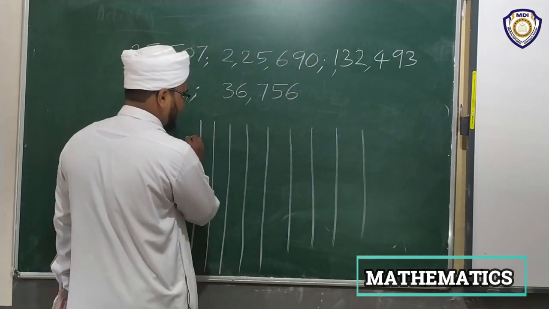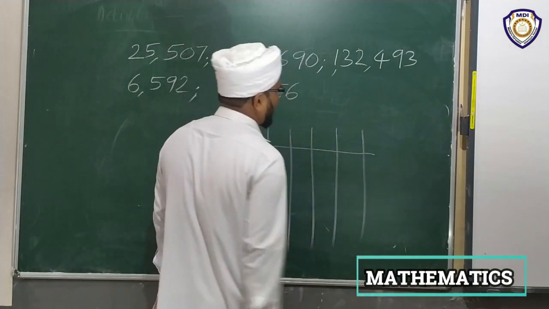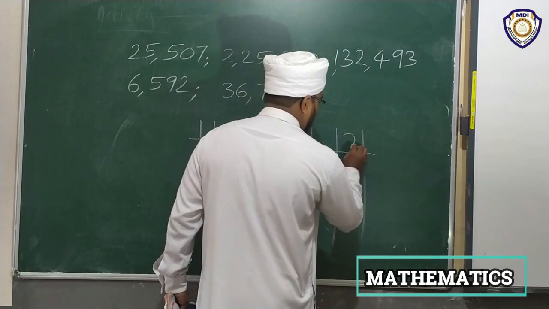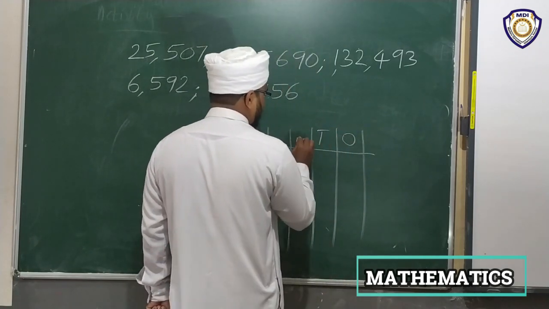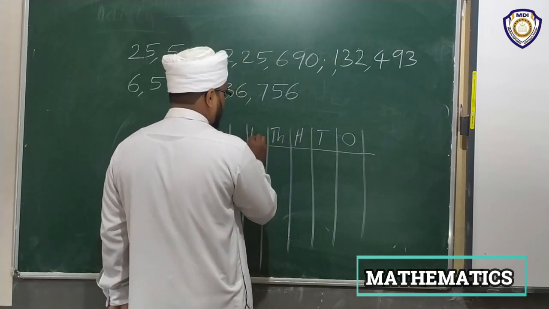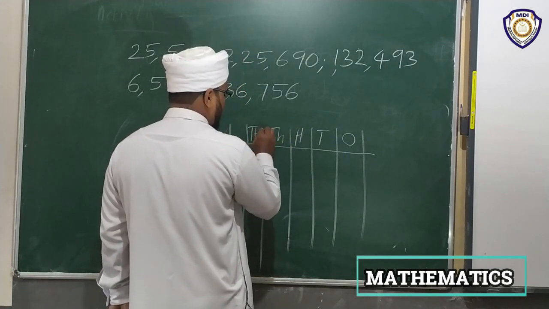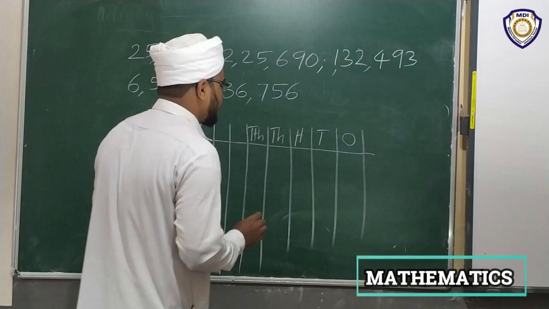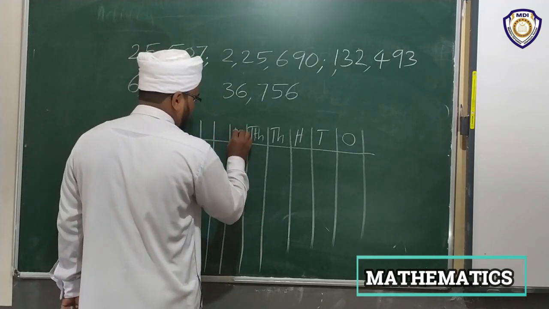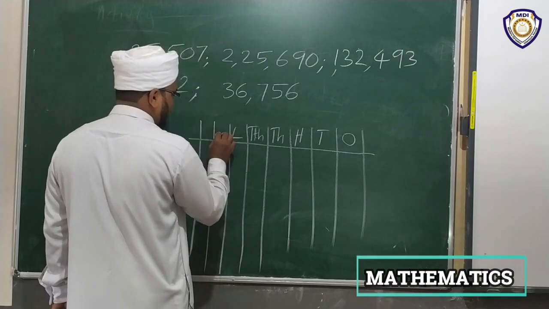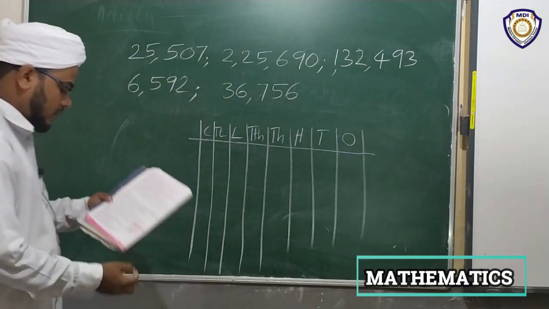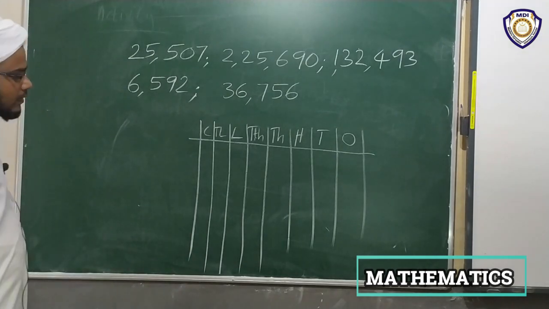Here: ones, tens, hundreds, thousands, 10,000, lakh, 10 lakh, crore.